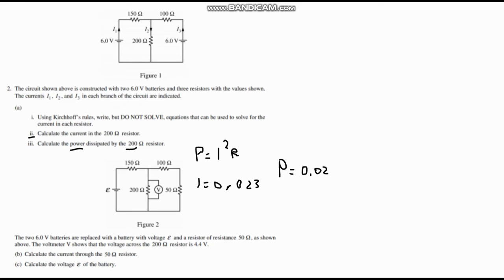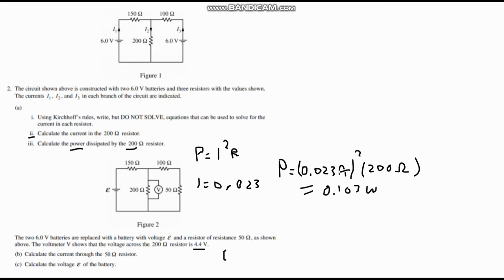You get 0.023 squared times 200. And then we get power is equal to 0.107 watts.